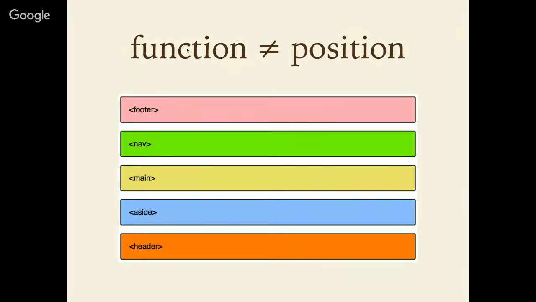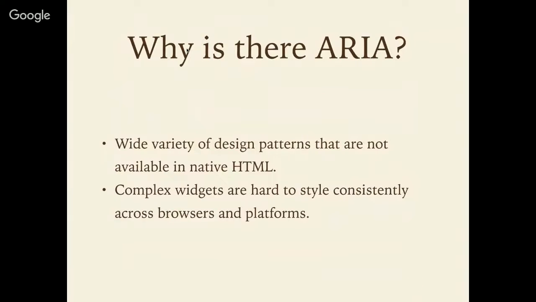This brings us to another important question, which is why is there ARIA? Because we have HTML, and HTML has a lot of accessibility built in. I could insert a quote by Tim Berners-Lee if I remembered it, but I forgot. He said something like the beauty of the web is in its universal accessibility, or it should be universally accessible.